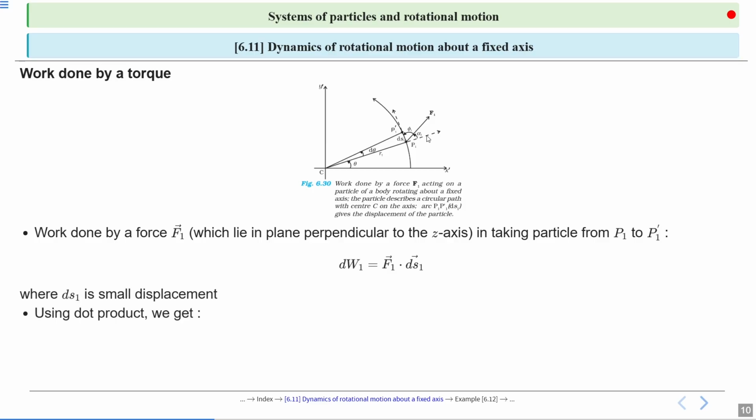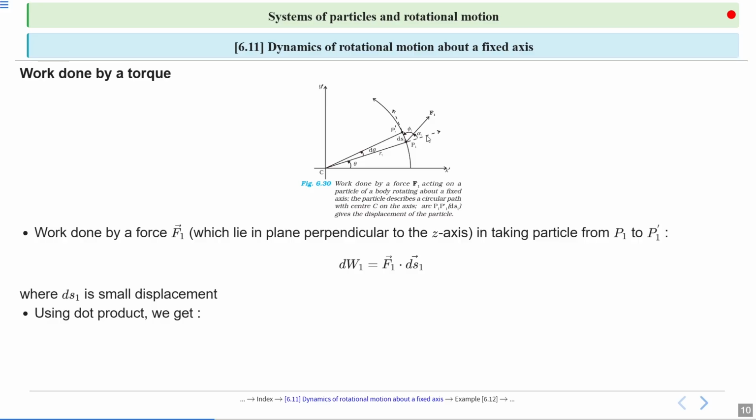So you know in translational motion, or we can say in linear motion, what is work done? It is force into displacement. So here dw1 is equal to F1, that is applied force, into displacement, and the arc covered is ds1.